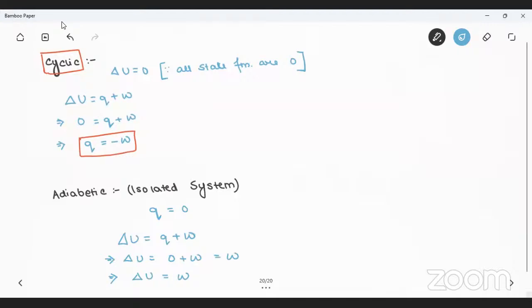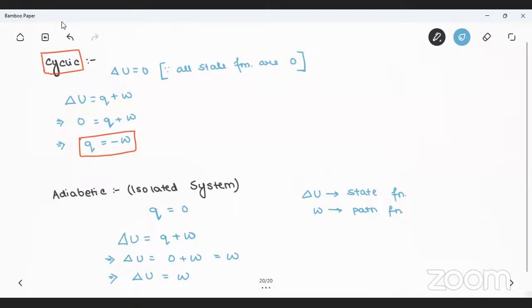Now, again, delta U is a state function. Right or no? Only W is a path function from yesterday's class. Now, delta U is equivalent to W at what condition?